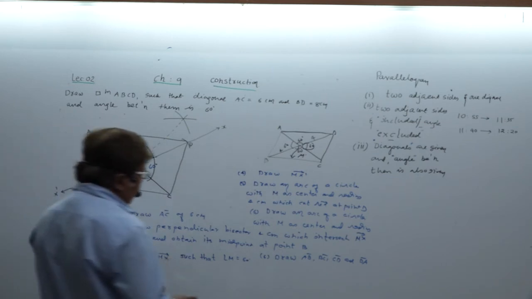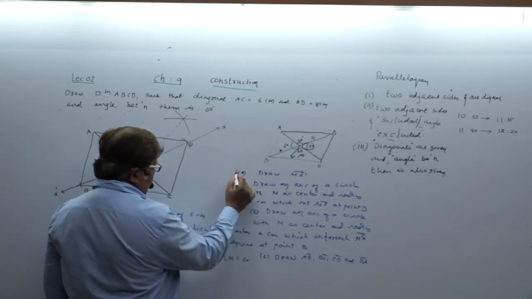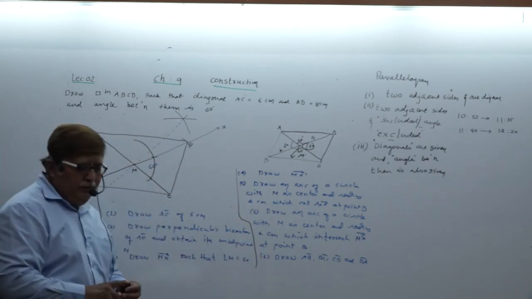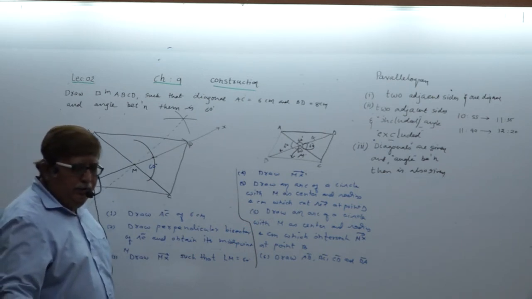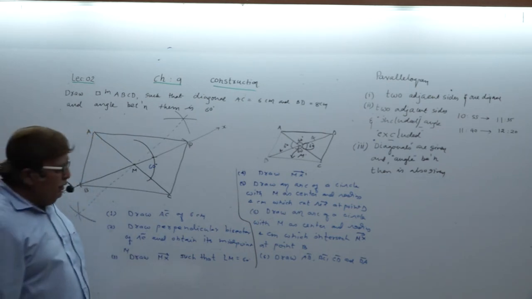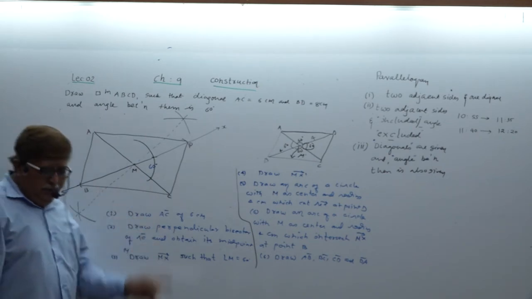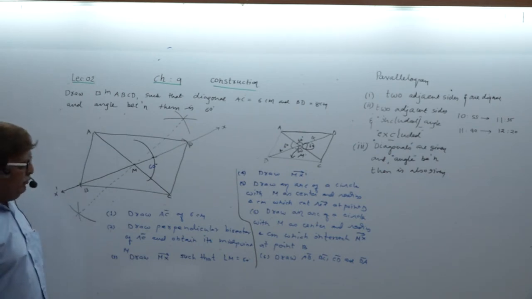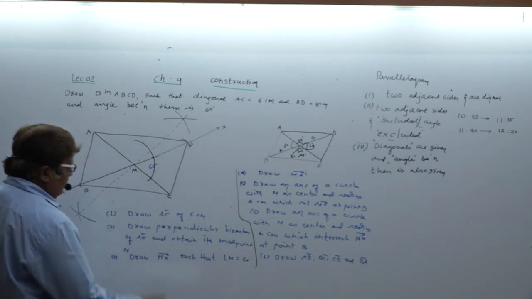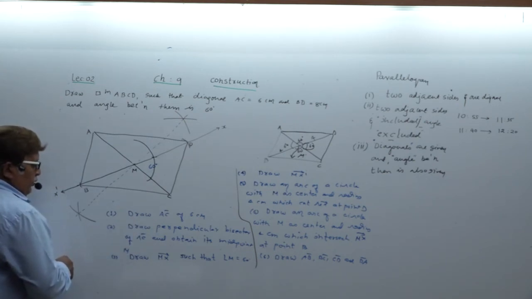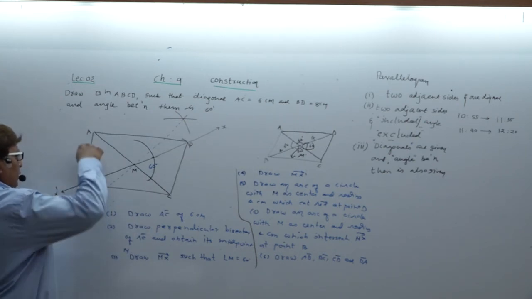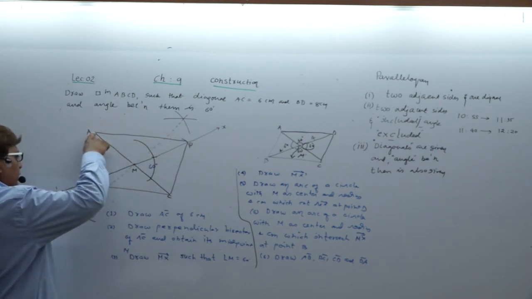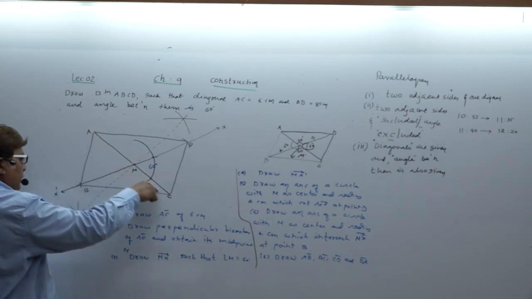Here the conditions were that two diagonals were given and the angle between the two diagonals was given. First have a quick look at this and we will take some revision. The steps are already written. From the rough sketch, draw line segment AC.